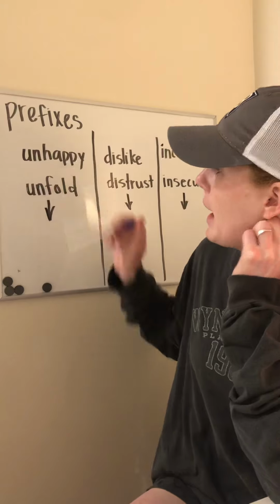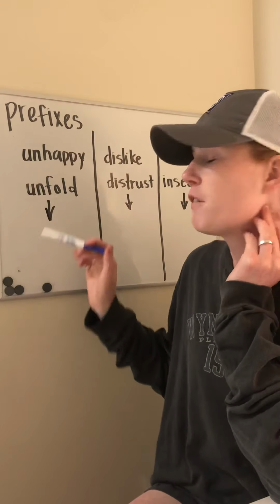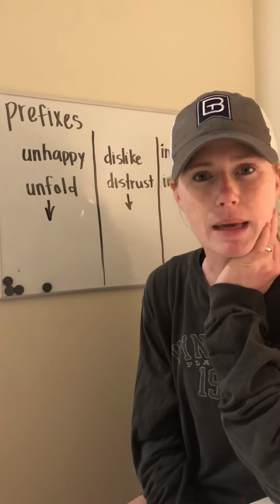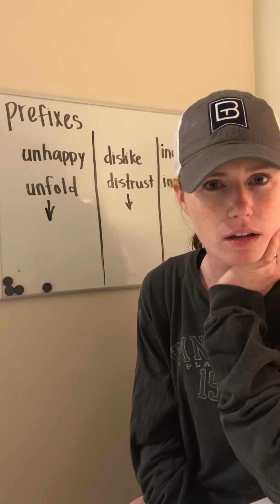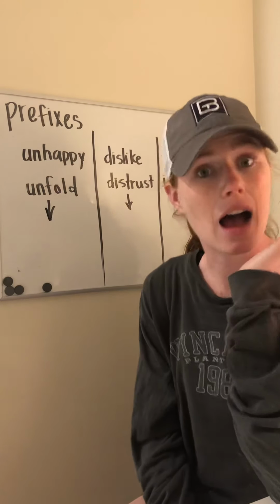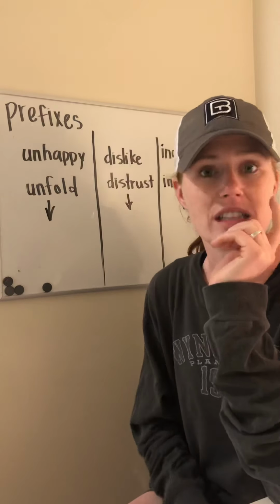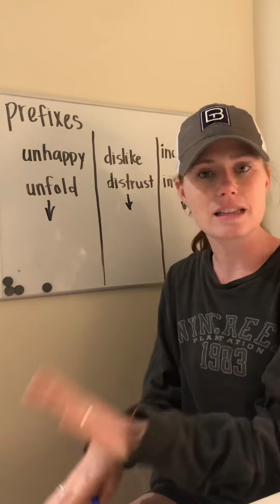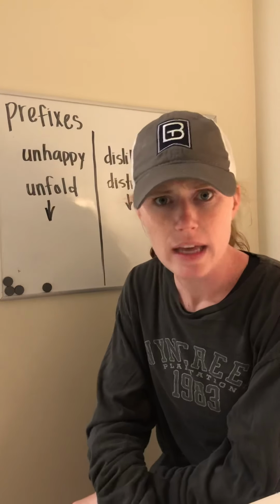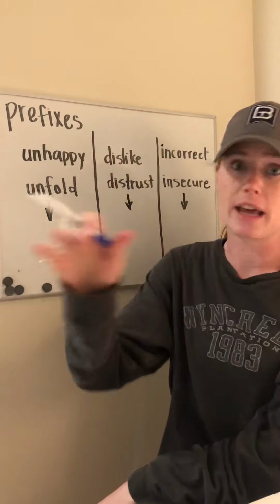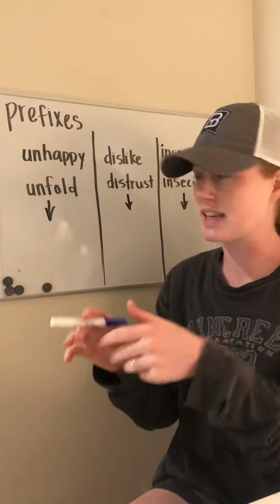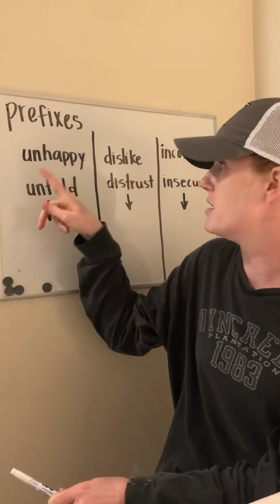So unhappy, unfold. If I'm unhappy, how do I feel? I'm not happy. If I unfold a t-shirt, am I making it look nice and neat? No, it's folded up and I'm not folding it. I'm taking it and making it messy. So I'm not folding it and I'm not happy.